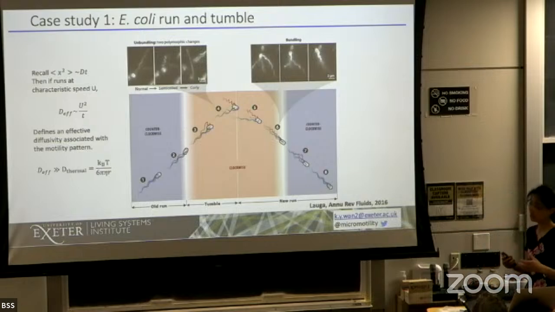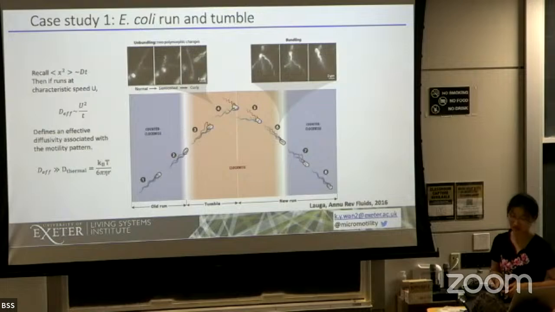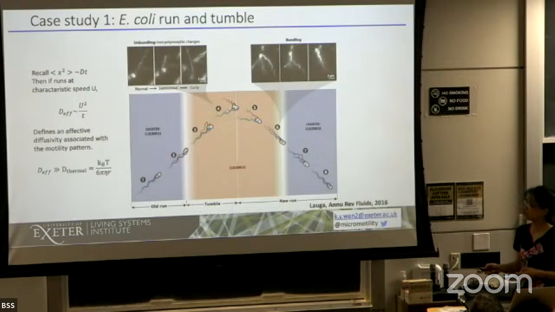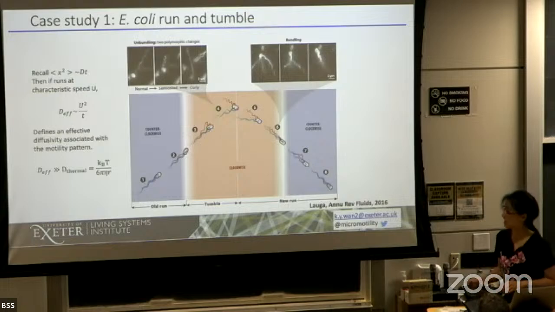If they bundle, they become a superstructure that rotates in the same sense, which helps the cell propel itself forwards in a fairly straight line until, for stochastic reasons, the motors spin in the opposite direction. This causes the bundle to split apart. Then you have these transients, which cause a change in direction, and then the cell swims again.